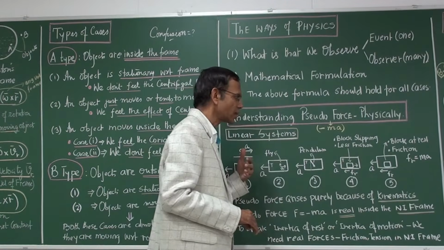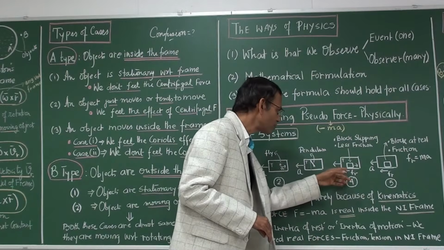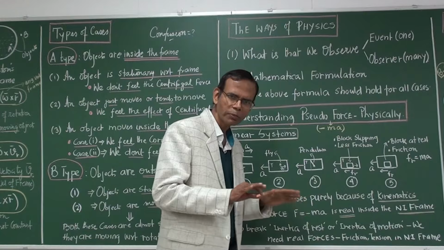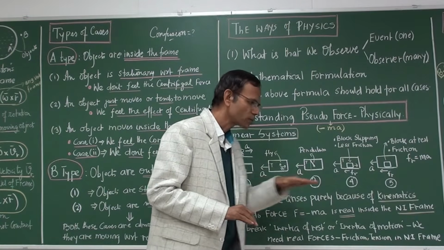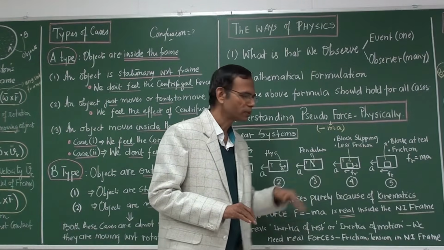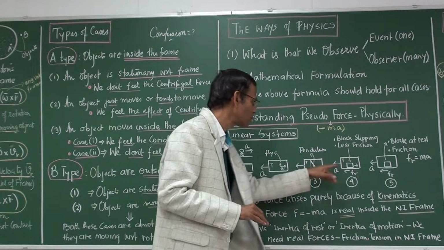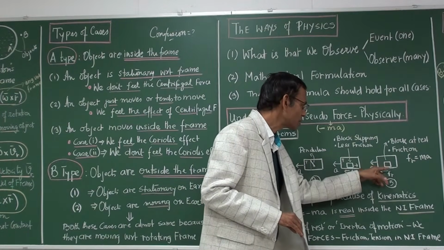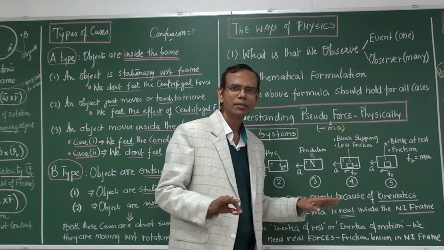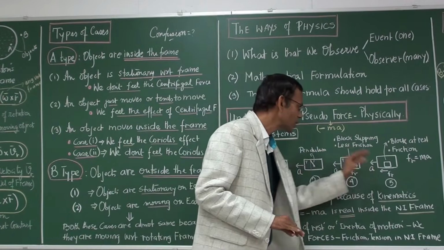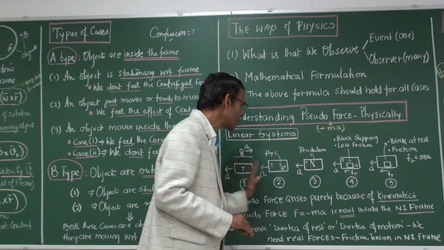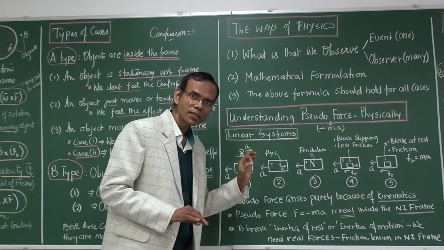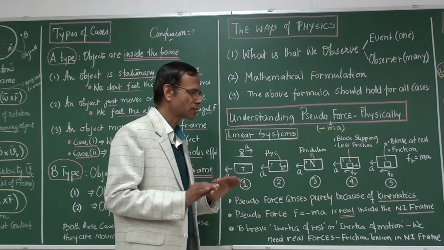As the train accelerates, the friction between the block and the floor is a little less, that means a slippery floor. So the block goes backward, that is what the person observes. Fifth case, the block is stationary on the floor of the train. So I have taken 5 cases to understand what the pseudo force is in linear systems.